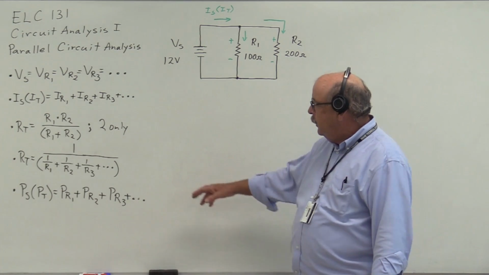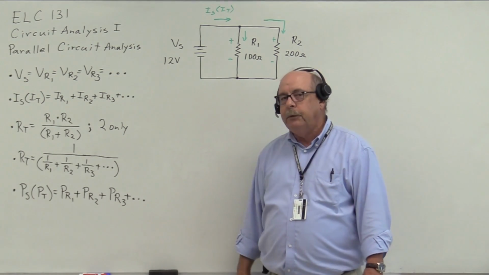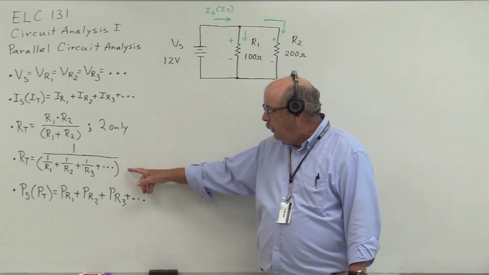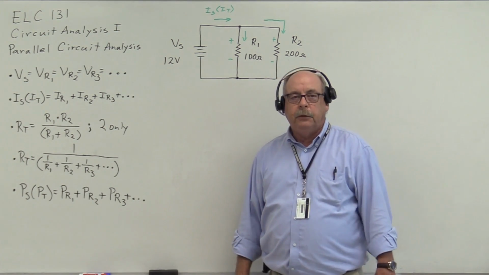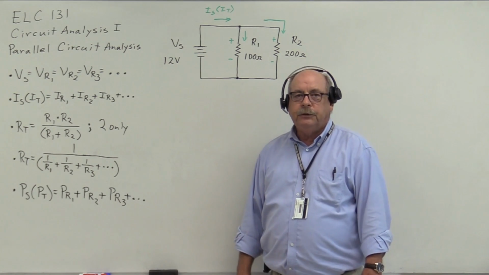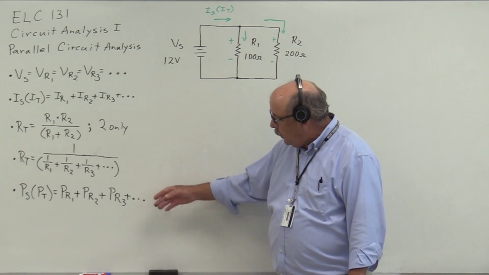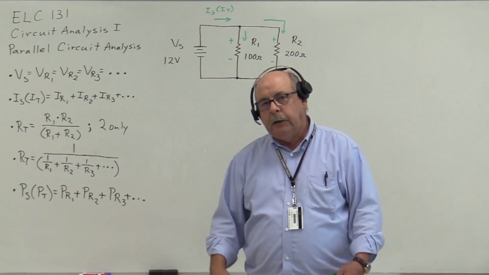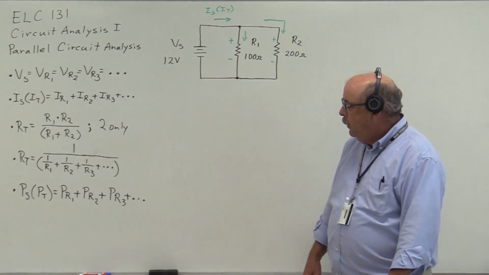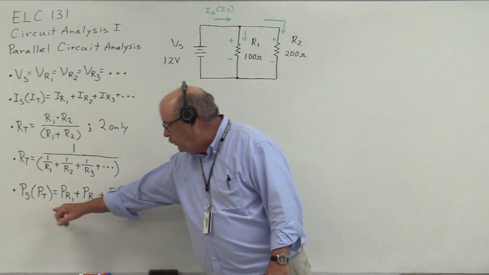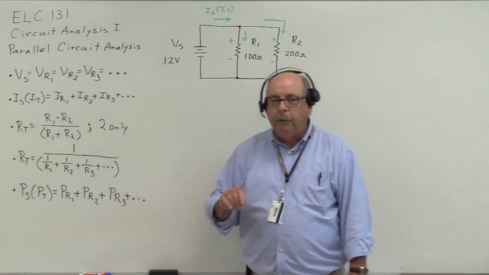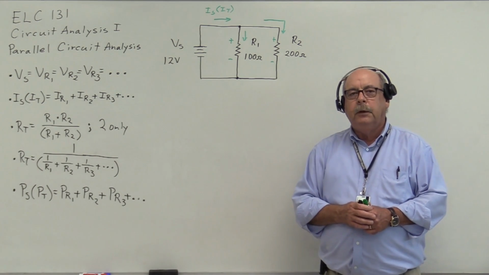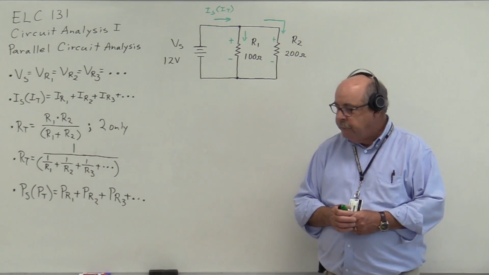And we refer to this formula as the reciprocal formula, because it's the reciprocal of the sum of the reciprocals of the individual resistances. And of course, our last formula here is simply the conservation of energy, stated as an equation which says that the source power, or the total power, is the sum of the individual power dissipations.